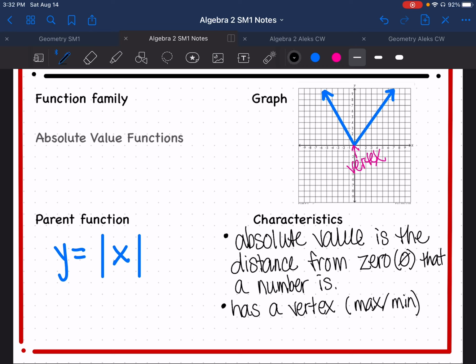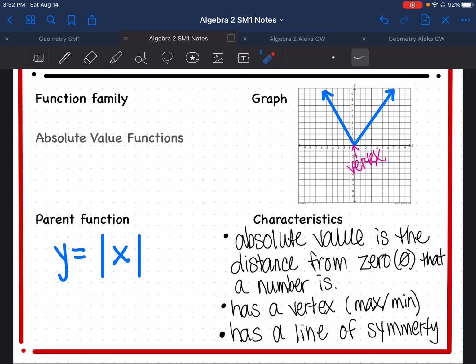And just like the quadratic, the last thing I want to talk about is that the absolute value does have a line of symmetry. I don't know why they don't call it an axis of symmetry because it pretty much does the same thing. It goes right through here, and your points are going to be the same distance away, right? 1 to 1. Everybody's going to match up.